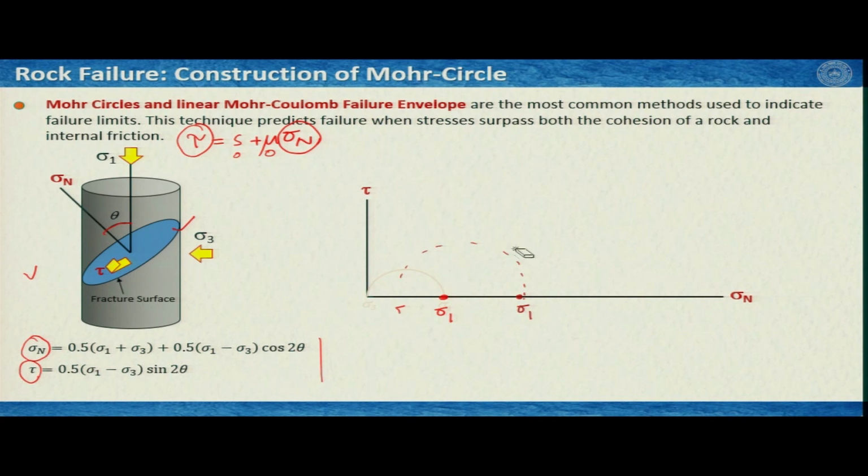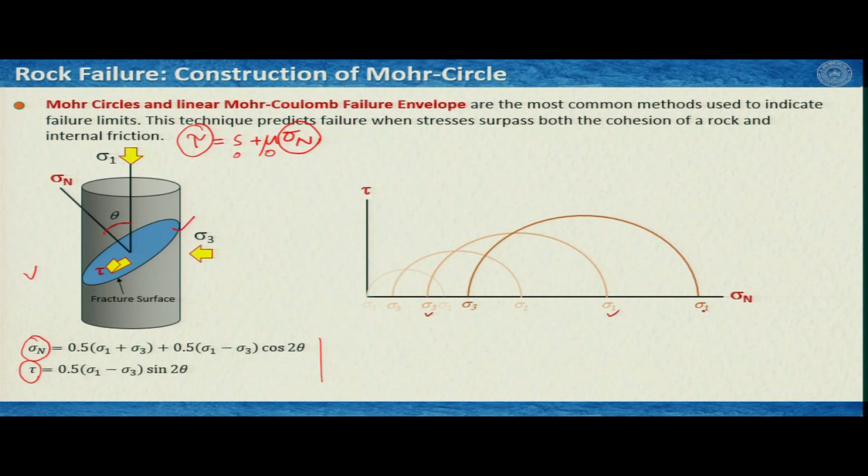In doing so we can continuously plot these values and see how the evolution of this stress is happening. I do not know if you can see this, this is sigma 3 and sigma 1, then the next one sigma 3 and sigma 1, and then the next one.